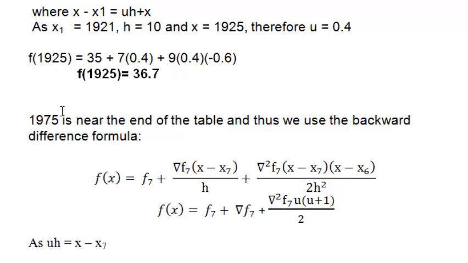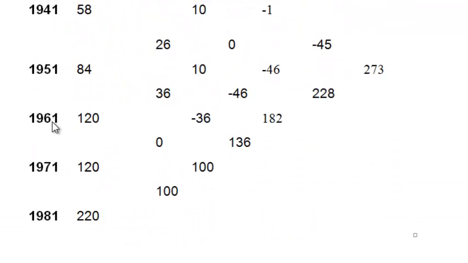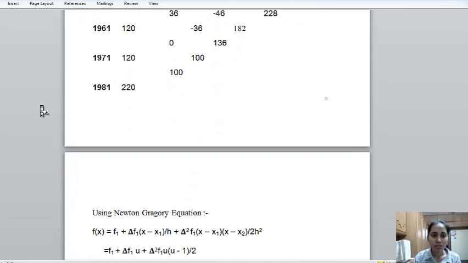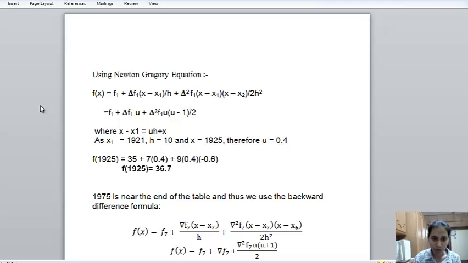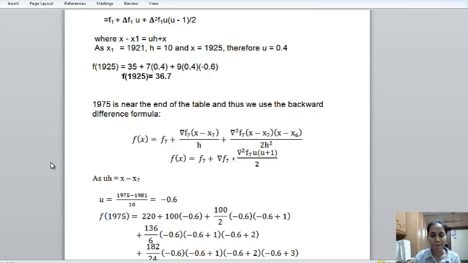Now we need to find the population in 1975. As we can see from the forward difference table, the 1975 value is near the end of the table and not at the beginning, so it is more practical to use the backward difference operator to find the value of population in 1975.